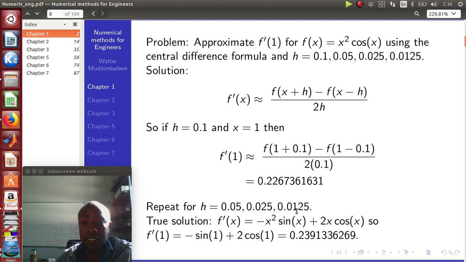It's not bad, right? If you don't like 1 decimal place accuracy, then you probably get something better if you use h equal to this. You get something even closer to that. All right, so that is all I wanted to say for now. In the next video, I'll be continuing from there.